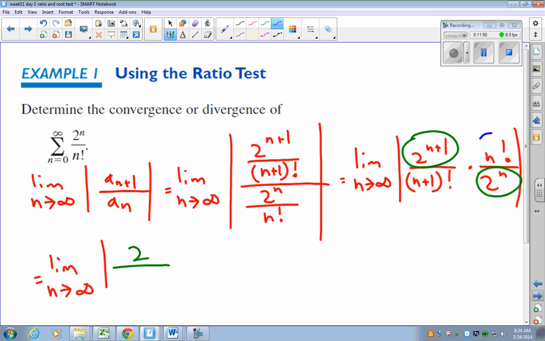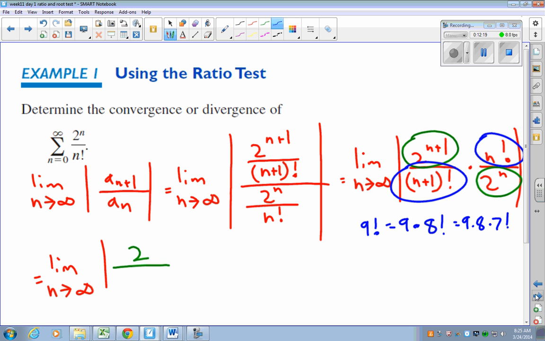Now here, with factorials, a lot of these things cancel out, because you need to remember, what does n plus 1 factorial mean? Let's look at it with numbers first. If I did 9 factorial, is that the same as 9 times 8 factorial? Or if you wanted, you could have done something like 9 times 8 times 7 factorial.